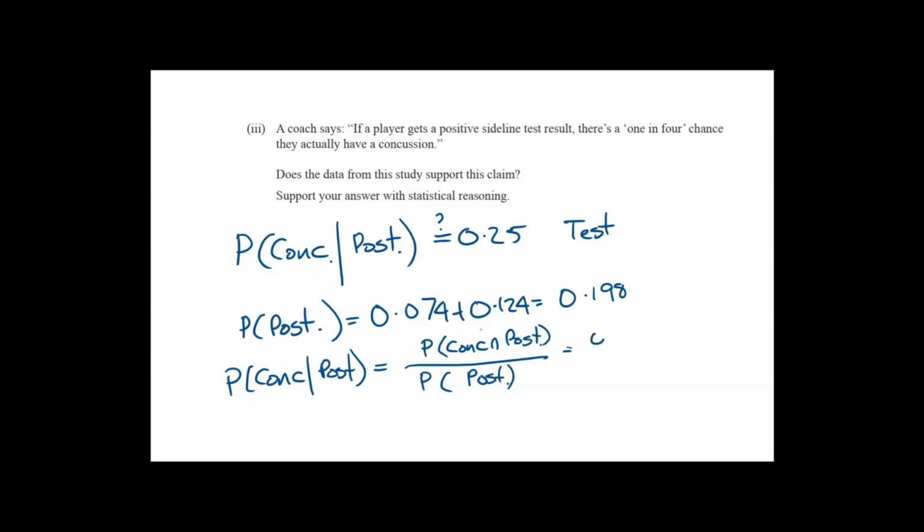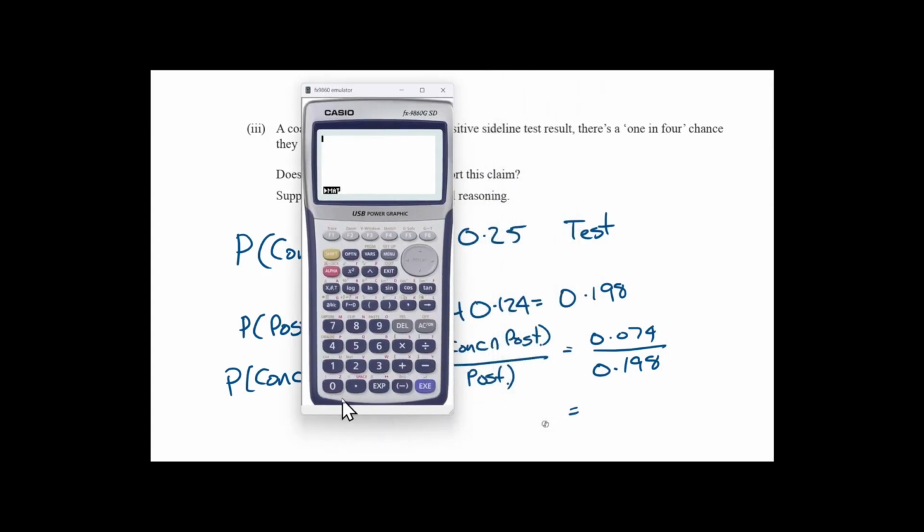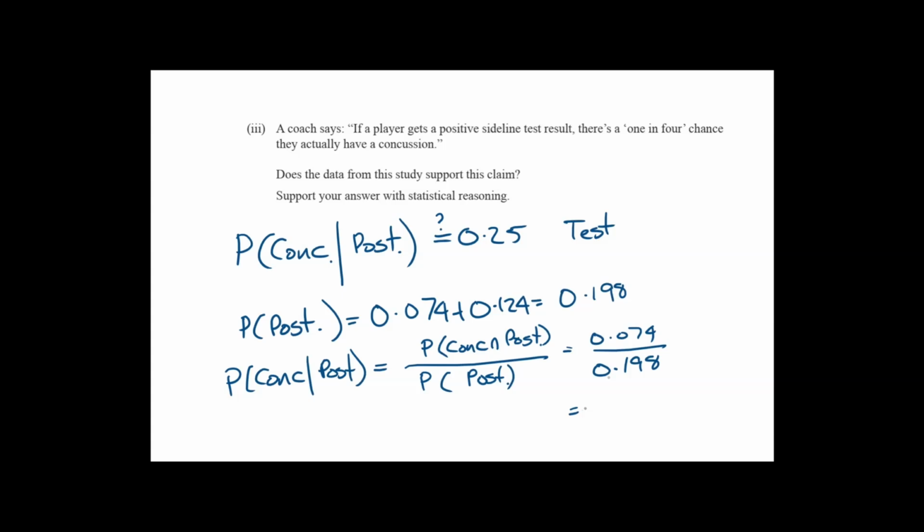So that's going to be 0.074 divided by 0.198. Let's work that out. 0.074 divided by 0.198 equals 0.373737.